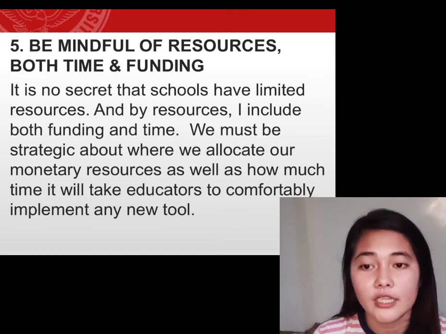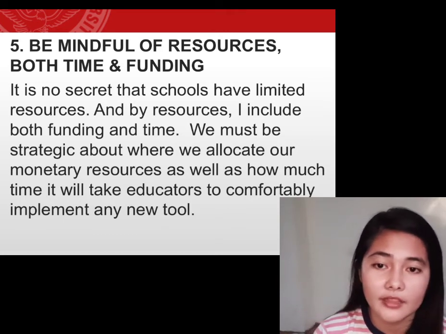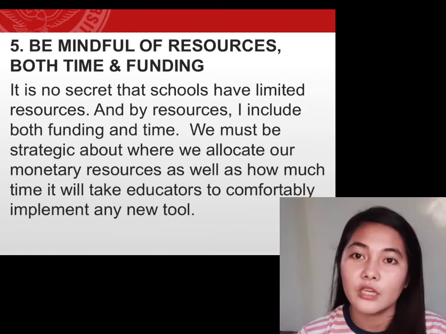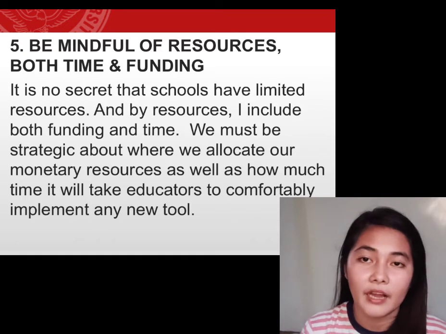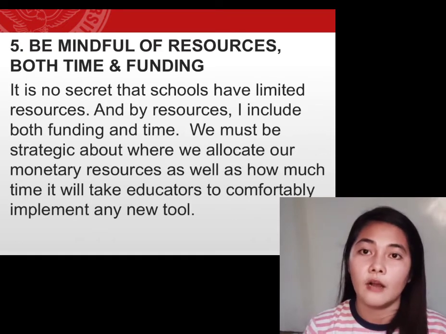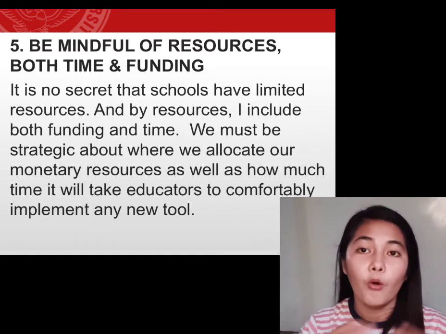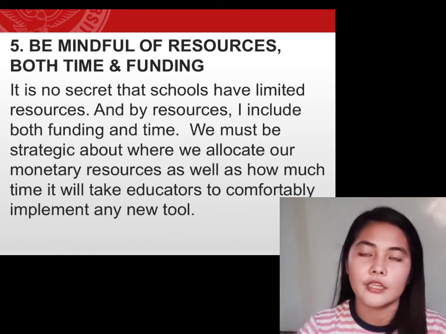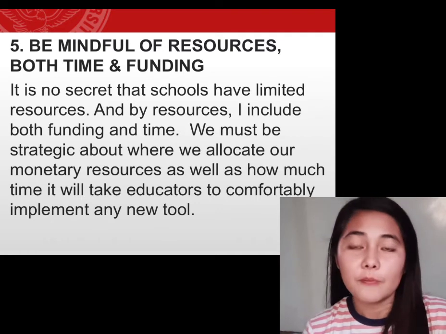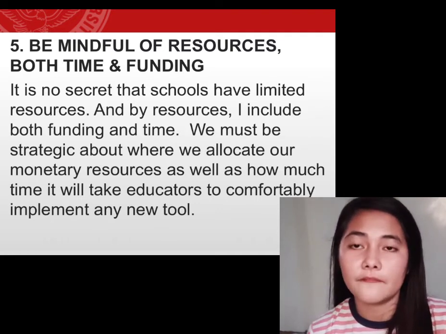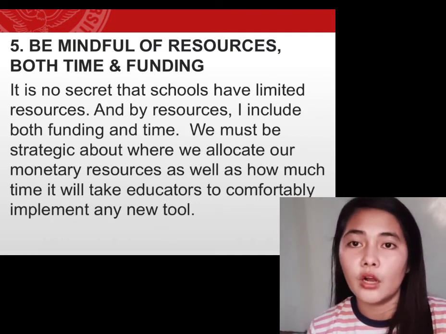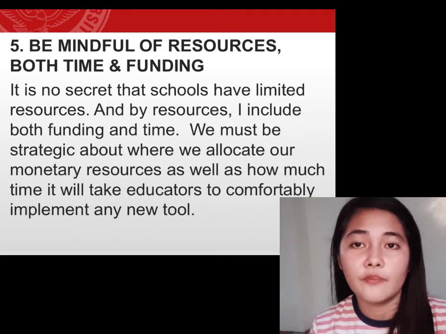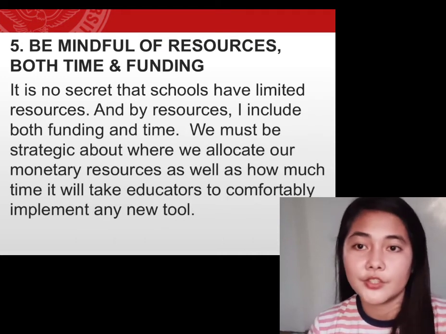It will also answer the question, what is the upfront and recurring monetary cost of the tool? Some of the Google Forms are being paid by the teachers if they would like to get more features on that certain app. So it is very important to know if there is no monetary cost involved in using that certain tool.